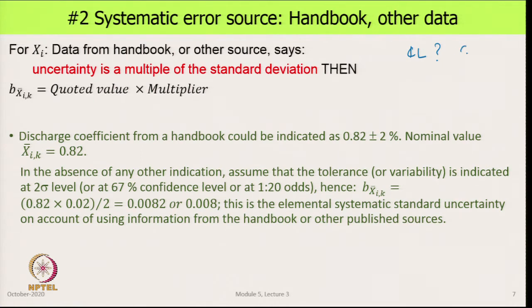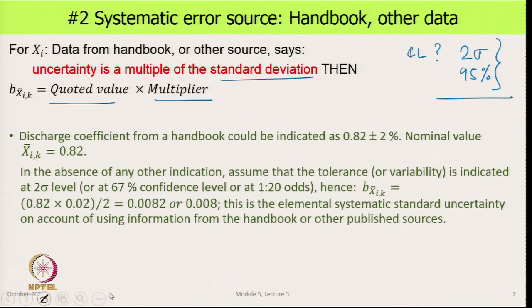We again assume that everything is at 2 sigma or at 95% confidence level, under the assumption that if it is not this, it would have been explicitly specified. So, the same criteria that we just saw in the previous slide applies: if the uncertainty is a multiple of the standard deviation, then Bxik is the quoted value divided by the multiplier.